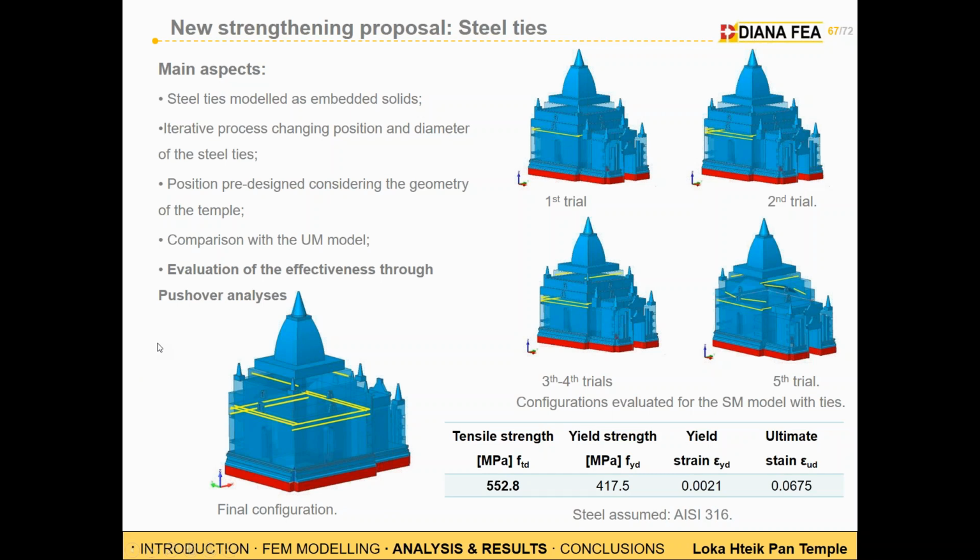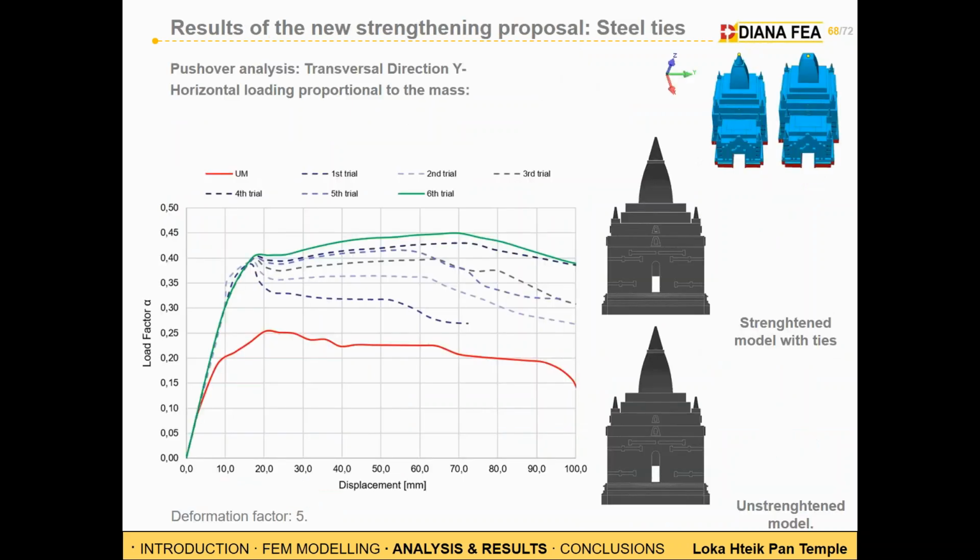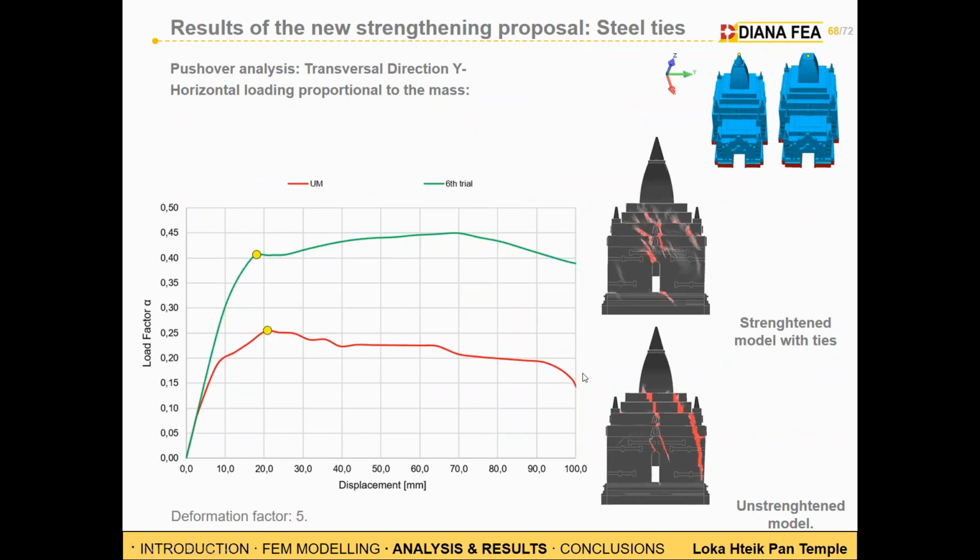And because of time, because I had to deliver my thesis, I could just perform pushover analyses, which are quite a lot faster than dynamic analyses. And so, as we did for the previous structure, we can do a comparison between the unstrengthened configuration, which is below, and the strengthened configuration with the steel ties.